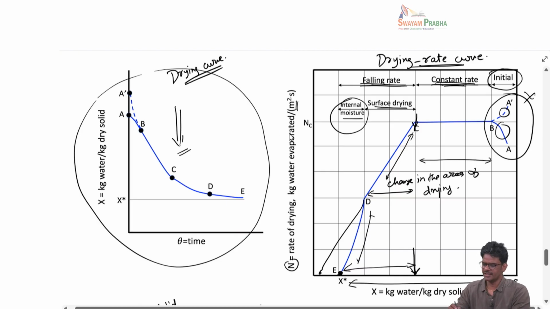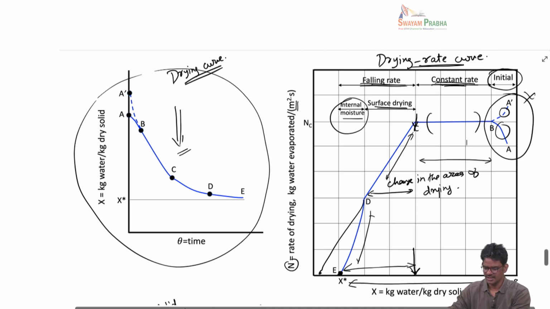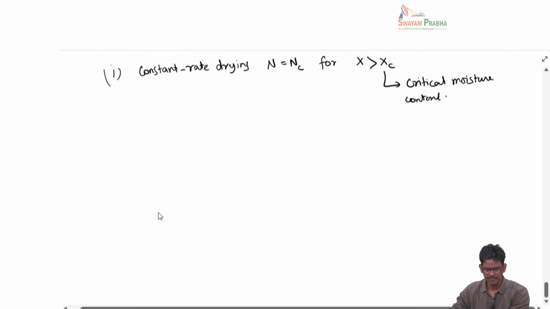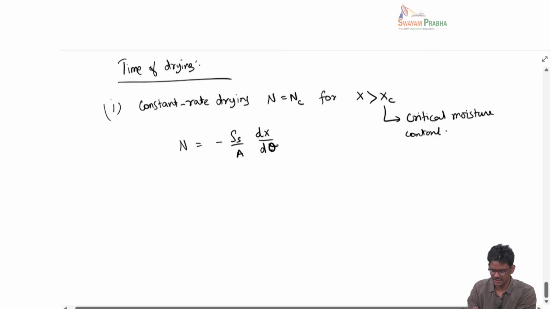So let's say we are looking at drying in this particular range somewhere. We want to reduce the moisture from one level to the other level, but during that operation, let's say the rate is constant. If that's the case, getting the time of drying is so easy, because we go to the definition of N, which is minus Ss by A dX by d theta.